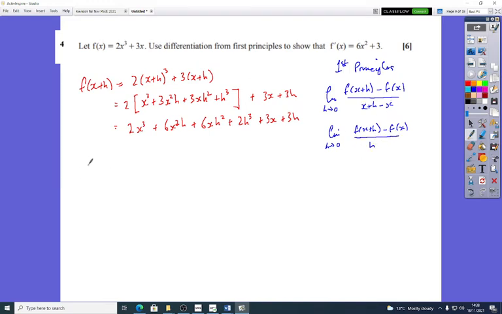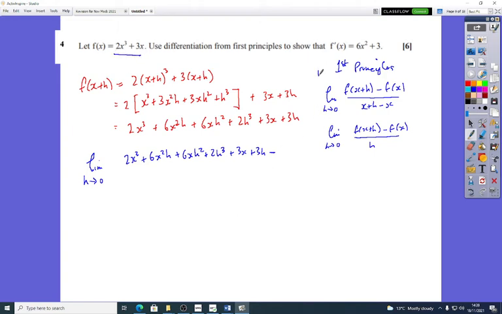So let's put that here now. We want to look for the limit as h tends to 0. f of x plus h is this, so I'm just going to write that all down: 2x cubed plus 6x squared h plus 6x h squared plus 2h cubed plus 3x plus 3h, minus f of x. f of x is just that.